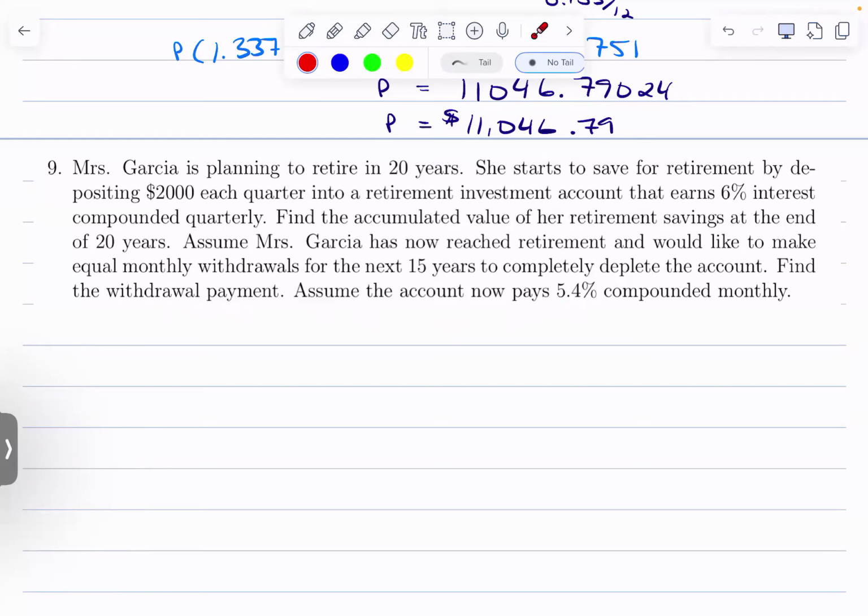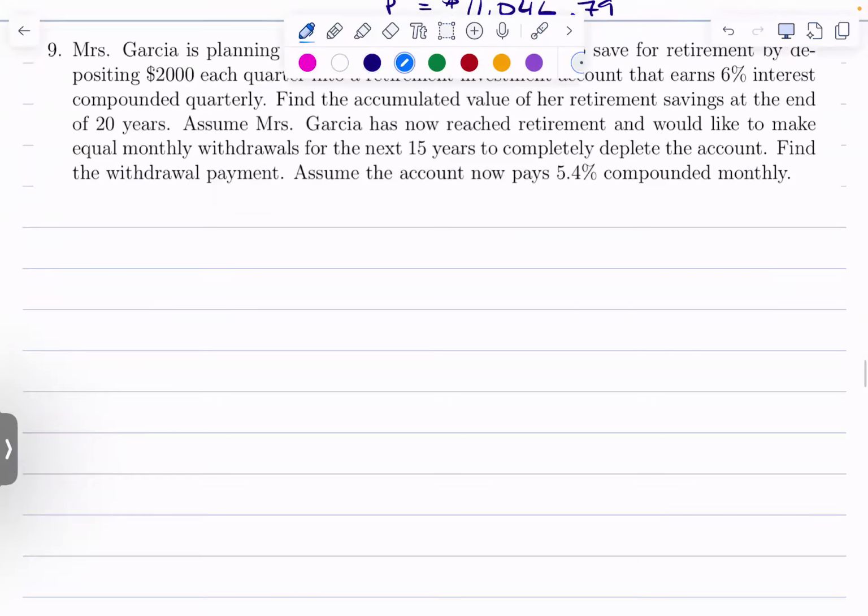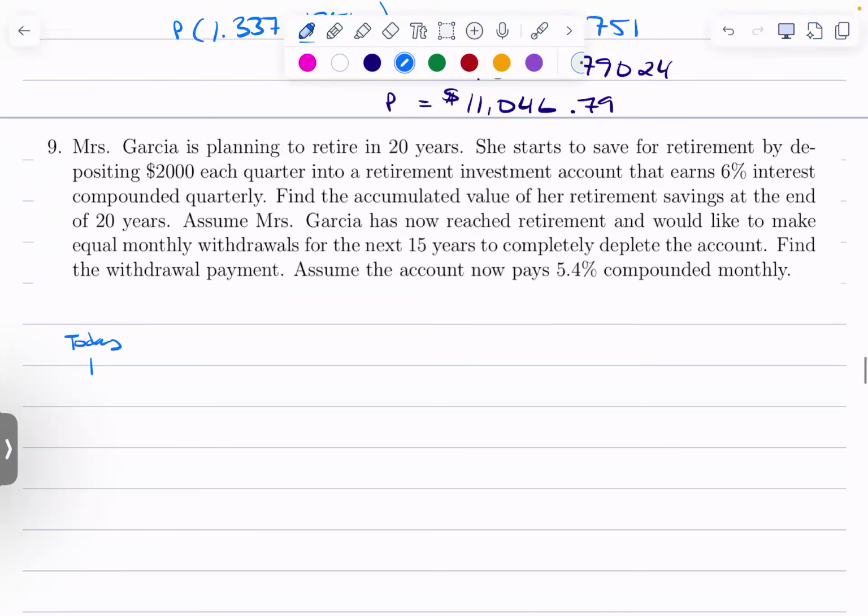This is one of those two-phase problems, making deposits and then making withdrawals. And so I want to sketch it out. So let's say she starts today and she's going to retire in 20 years.